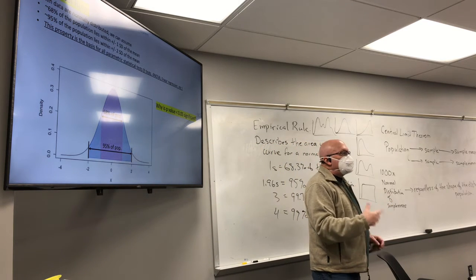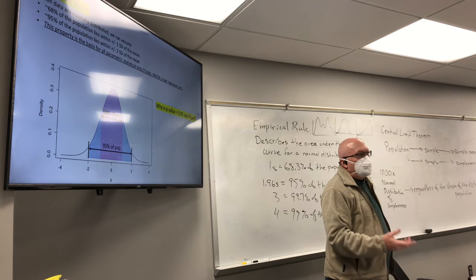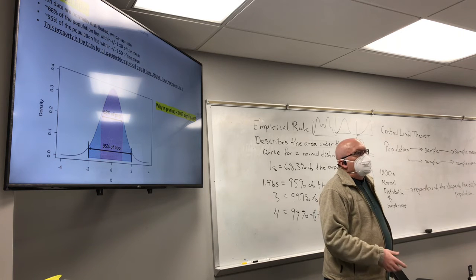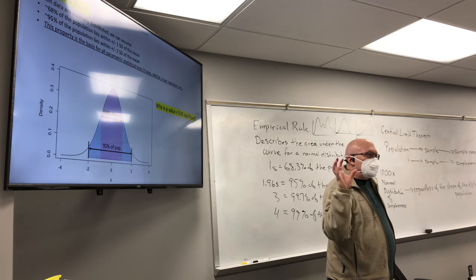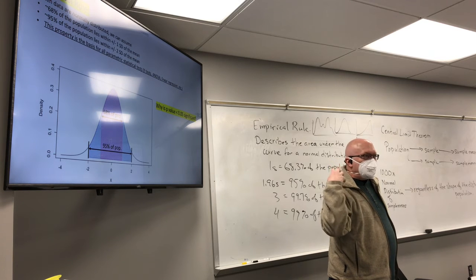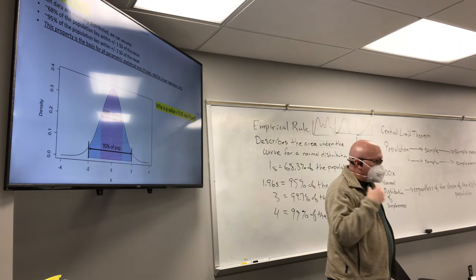So that's why we use this value of 0.05. I'll talk to you about alpha levels and what that means later, but this is kind of the basis of it. It all goes back to the empirical rule.